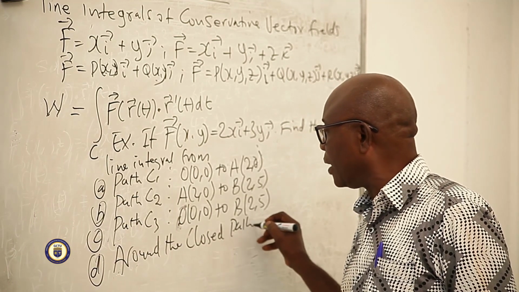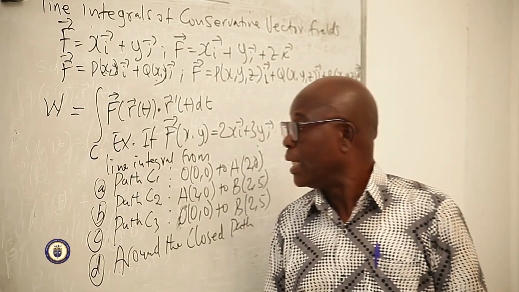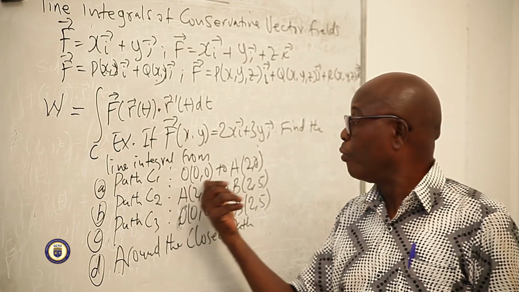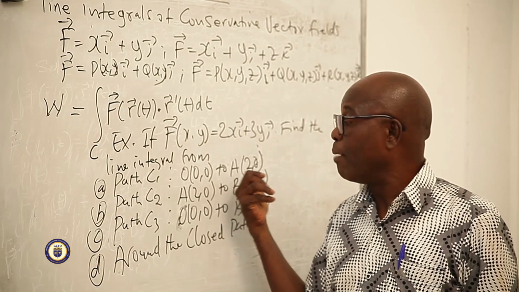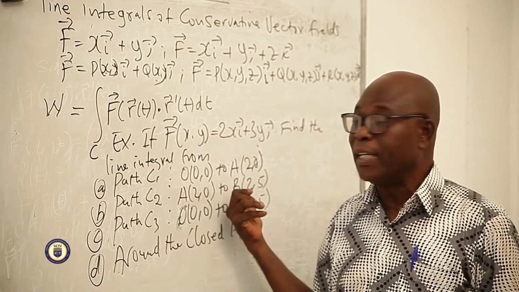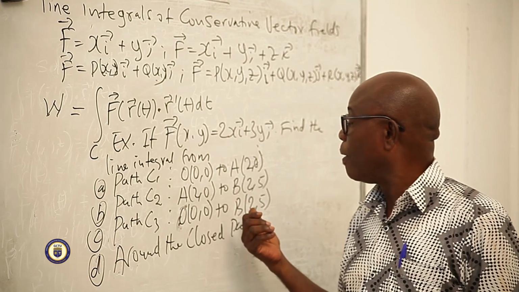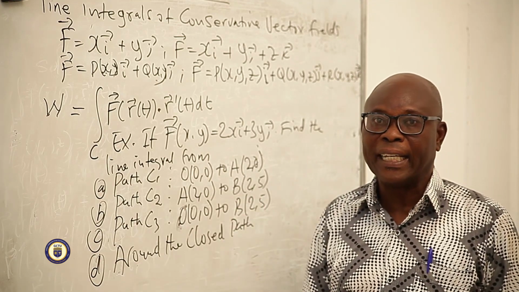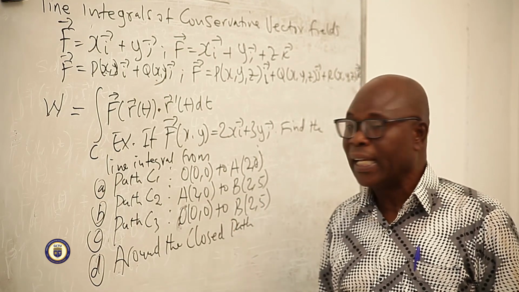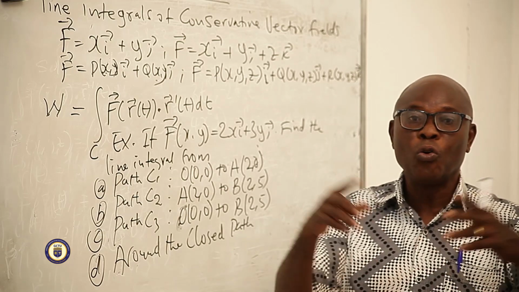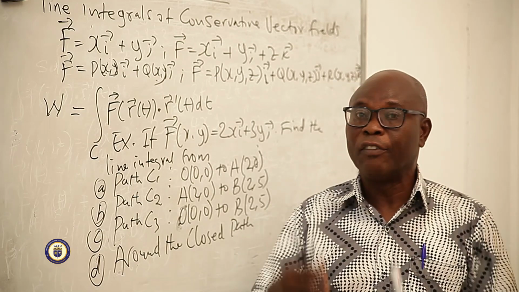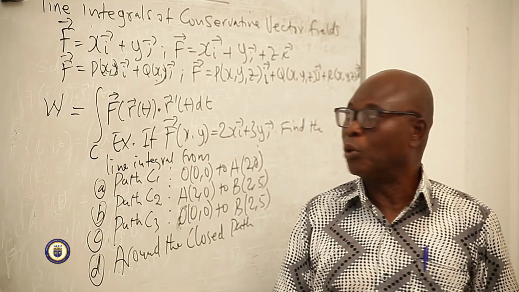That is, we could start from the point 0, move to point A, then point A will move to point B, and then point B will move back to point 0. And so that concludes the line integration around a closed path.